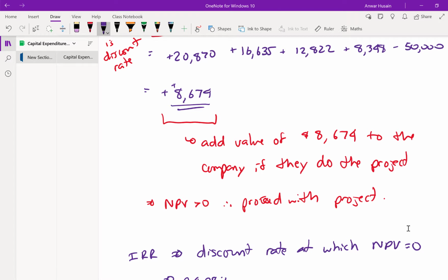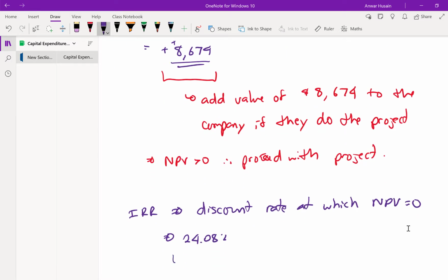So if you run it through an Excel spreadsheet and change the discount rate to 24.08, the project ends up with a 0 NPV. Another way of putting this is that the project is earning 24.08% per year.